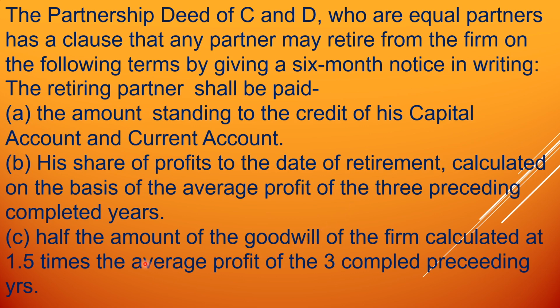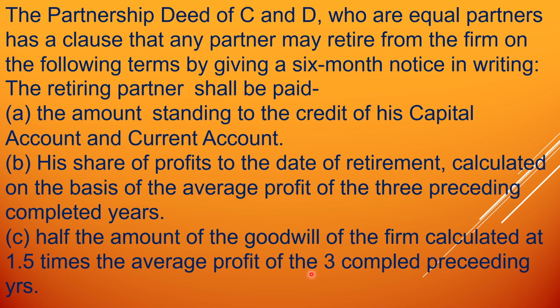Now regarding the goodwill, half of the amount of the goodwill of the firm is calculated at 1.5 times the average profit of the 3 completed preceding years. Here also, in the same way, we take the average profit and multiply by 1.5 times; that will be the value of goodwill.